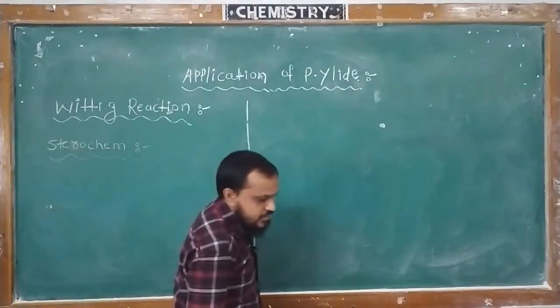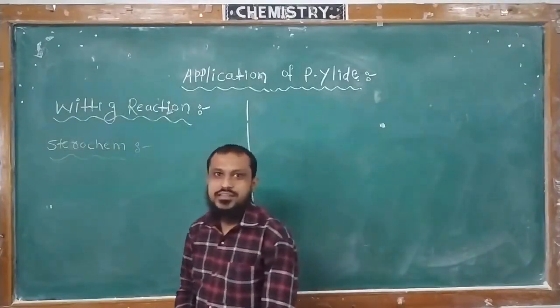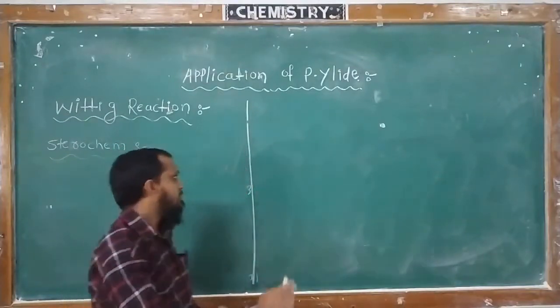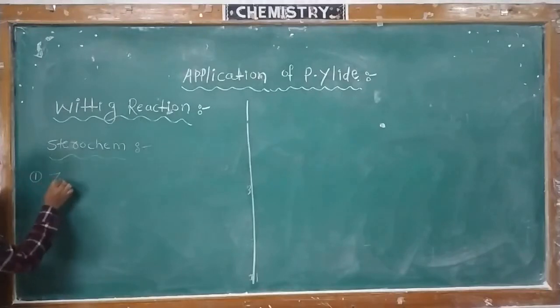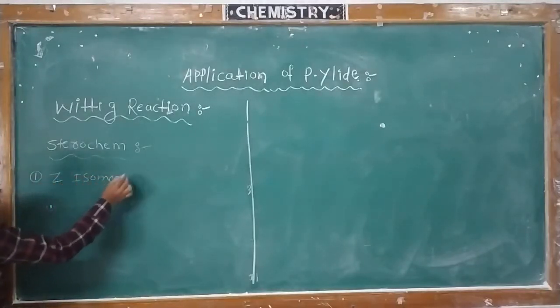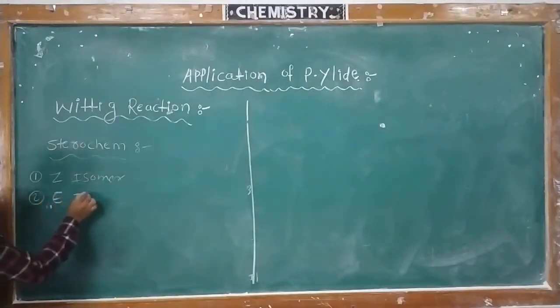The stereochemistry of the Wittig reaction is discussed under the Z configuration and E configuration, meaning the Z isomer or the E isomer.